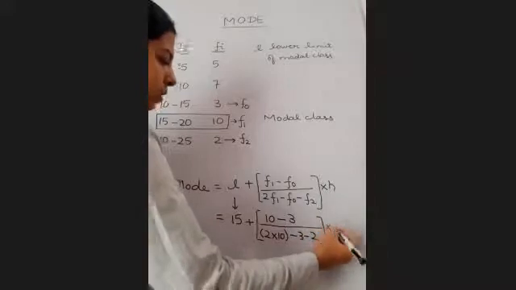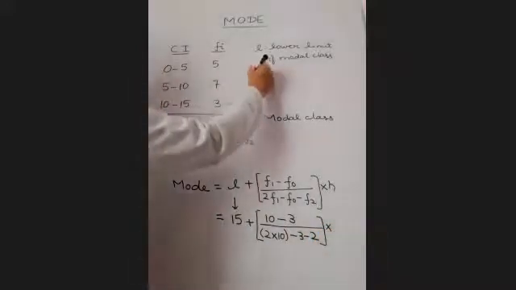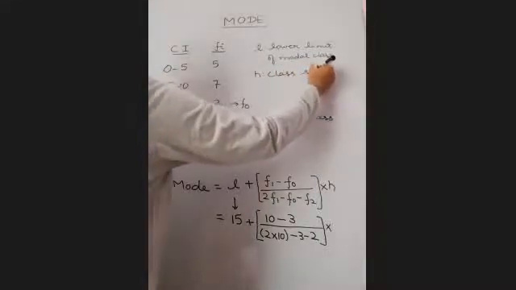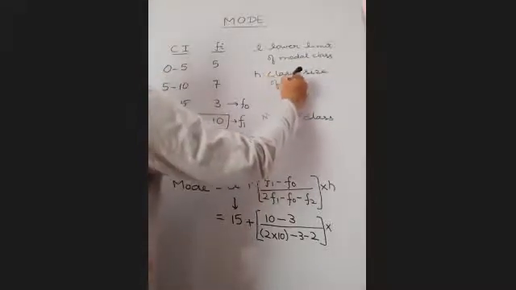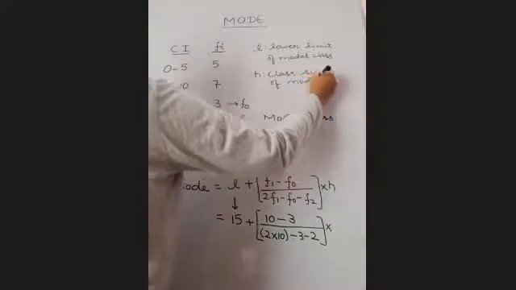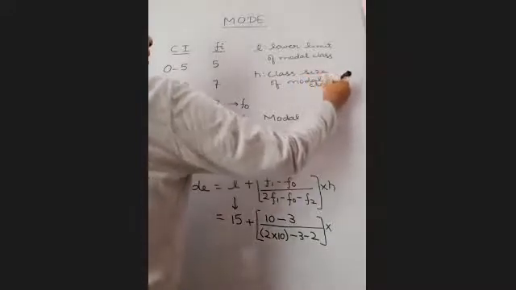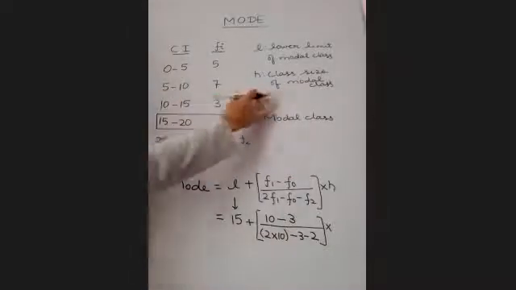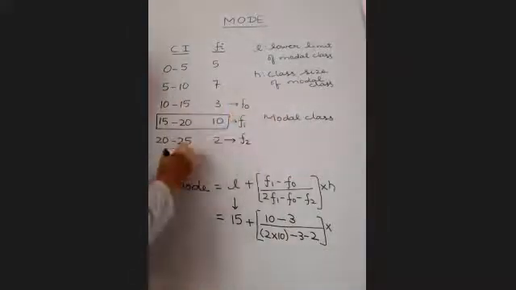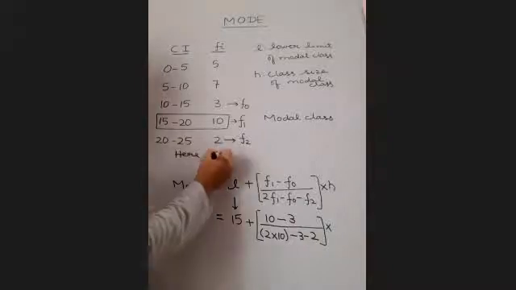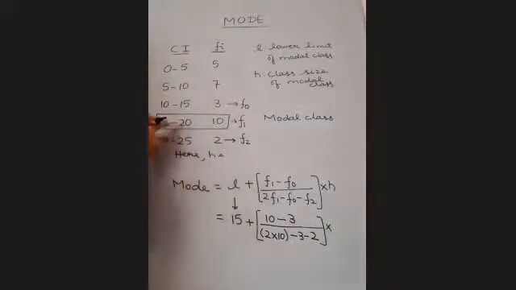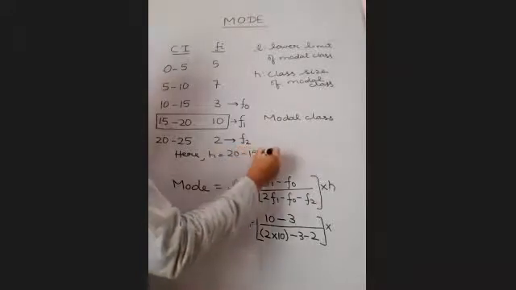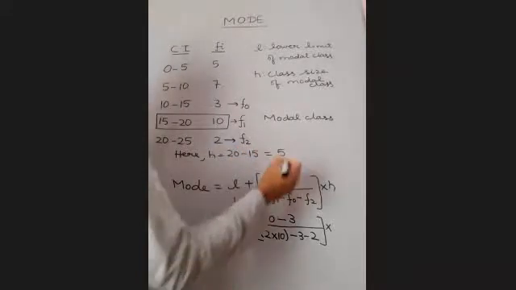And H is the class size of the modal class. Can you tell me what is the class size of the modal class in this case? 5. So here H is the class size, upper limit minus lower limit. 20 minus 15 is equal to 5.